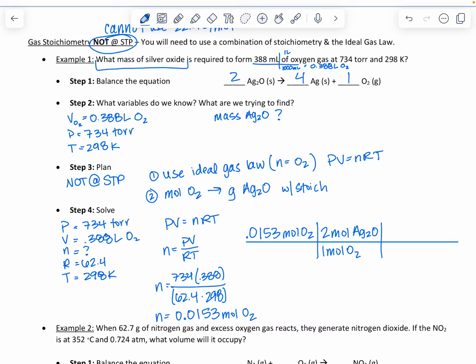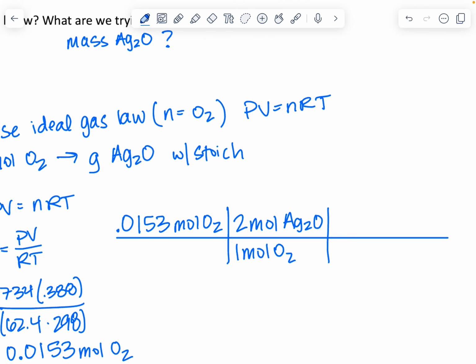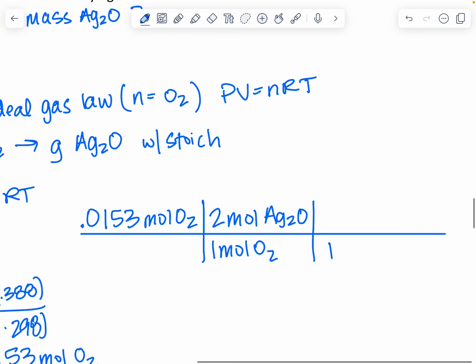And then because we want to know about the mass, we're going to need the molar mass of silver oxide. So if you look up silver on the periodic table, you're going to have to double that mass and then add it to 16. Silver oxide only has 1 oxygen and it has 2 silvers. So find those numbers, add them up. Over here, we should put mole on the bottom.